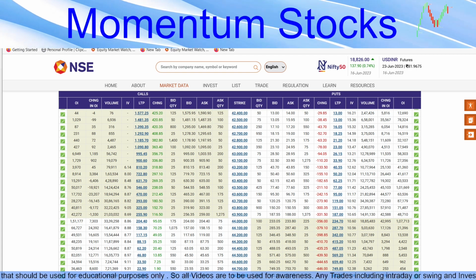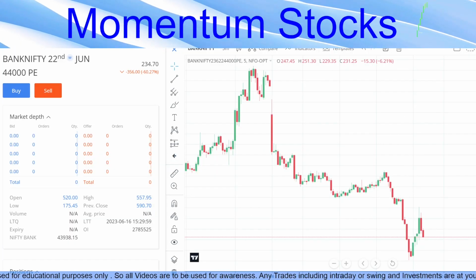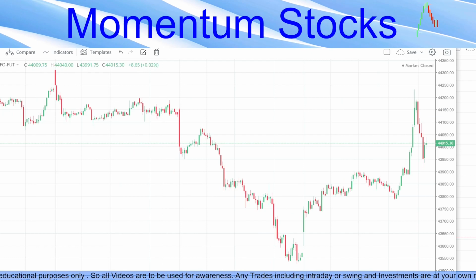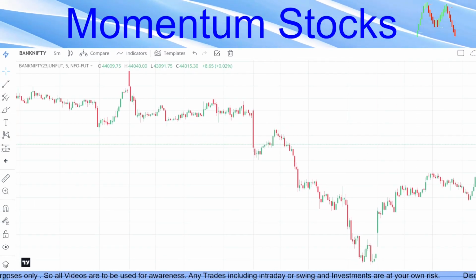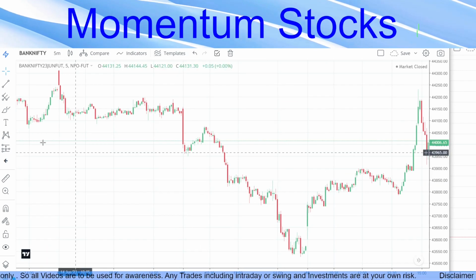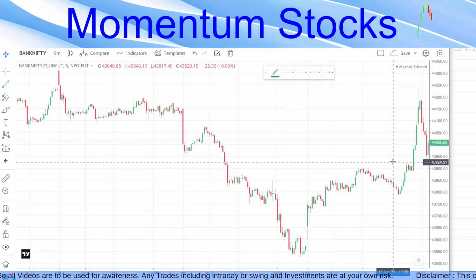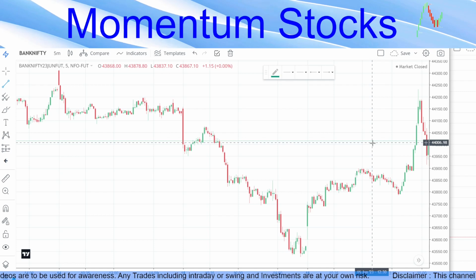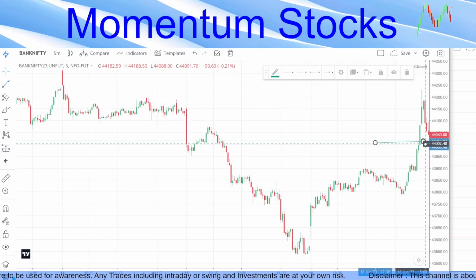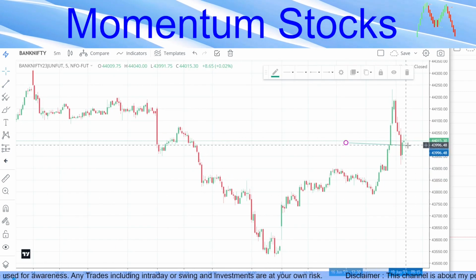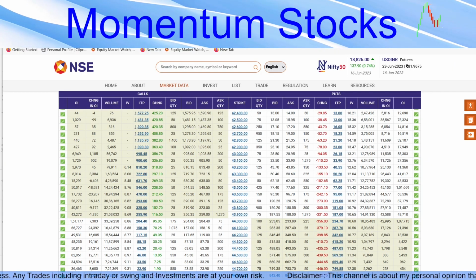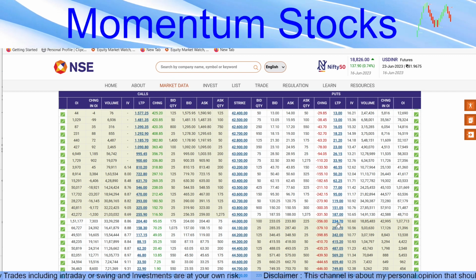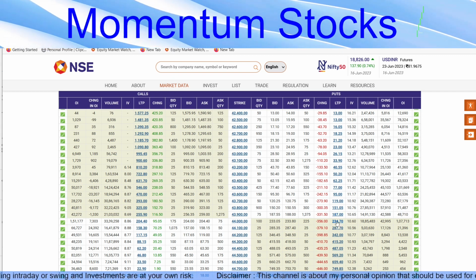If Bank Nifty closes above 44,000, okay, so let's draw that here for your convenience. So this is your 44,000. If Bank Nifty closes above this level on the 22nd, that means this particular option, which is trading at around 234 right now, will become zero.